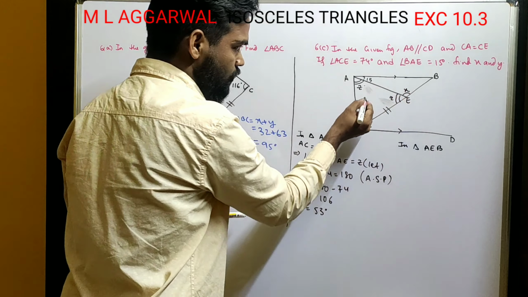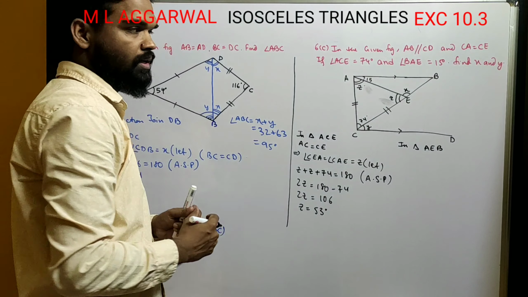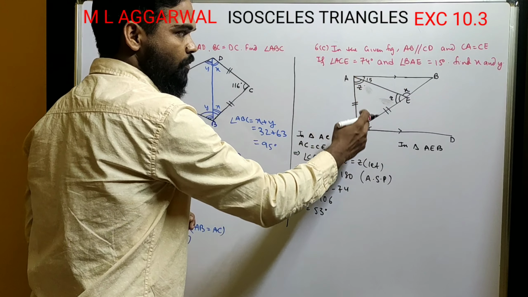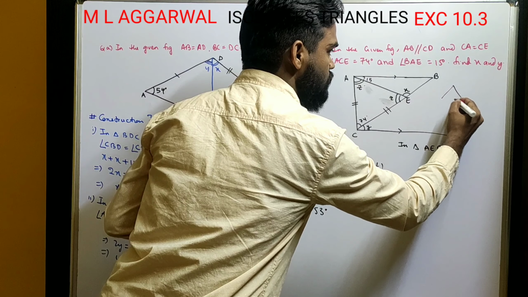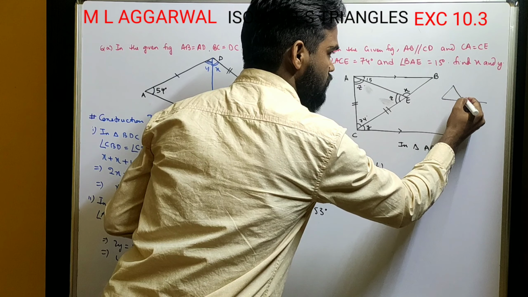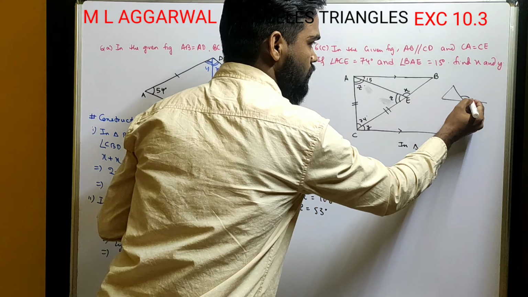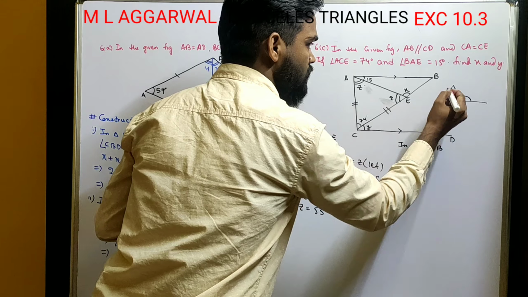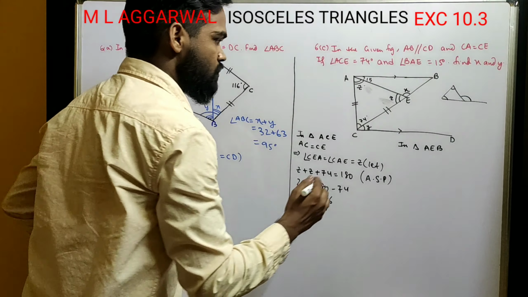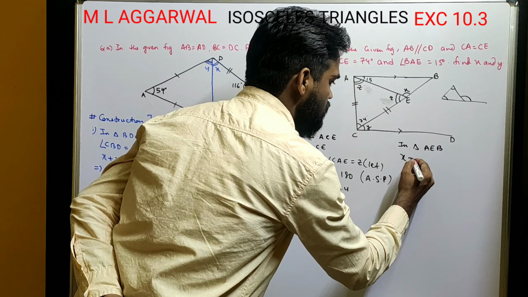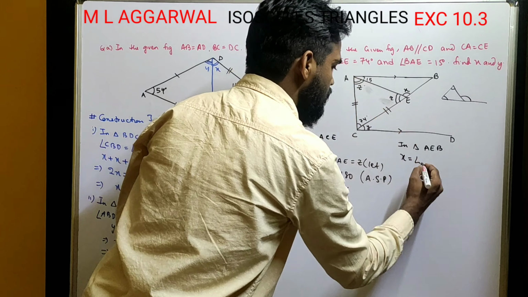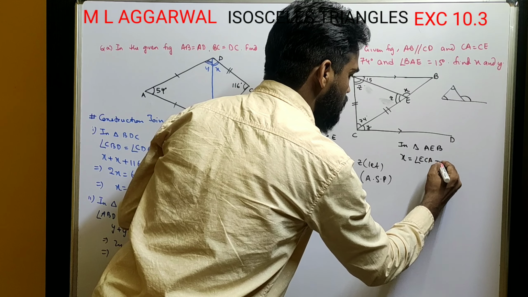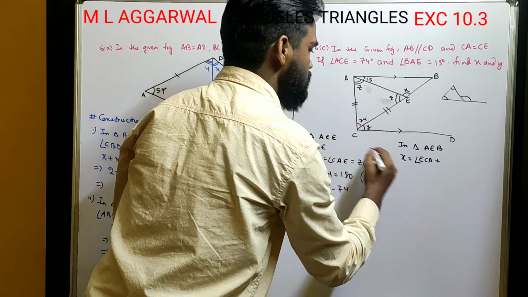X will be equal to Z plus 74. Exterior angle equals the sum of opposite interior angles. Remember, if you have any triangle, suppose like this, then this exterior angle is equal to this plus this. Remember? So we can say X is equal to angle ECA plus EAC.